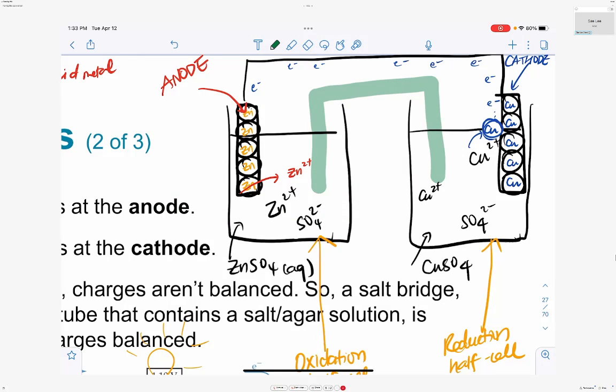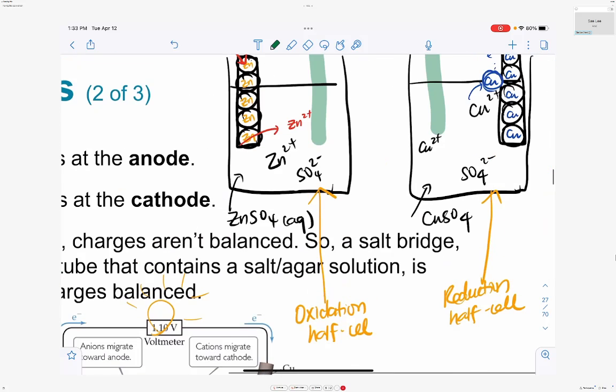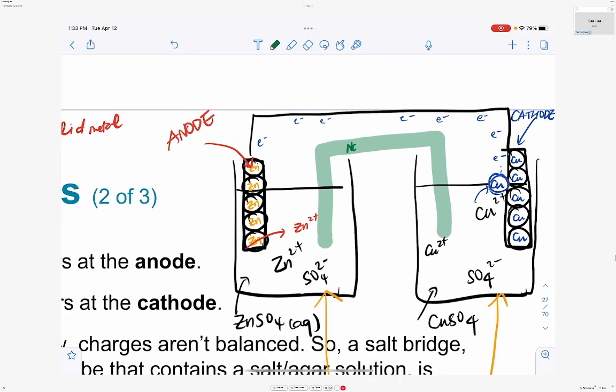Why do we need a salt bridge? For a voltaic cell, a salt bridge contains salt solutions such as sodium nitrate or sodium sulfate. Here they use sodium nitrate. So for a voltaic cell, a salt bridge containing salt solutions such as sodium nitrate, or it can be sodium sulfate, etc., is inserted connecting both cells.